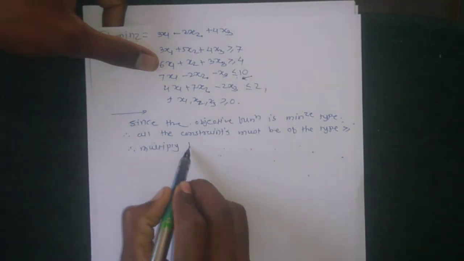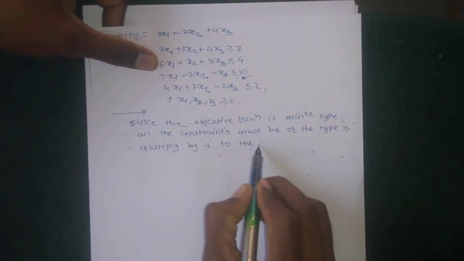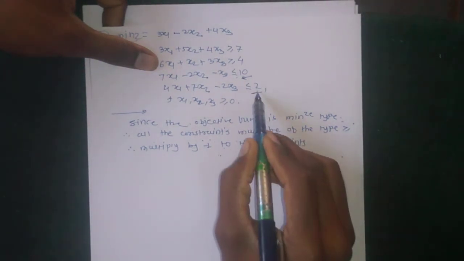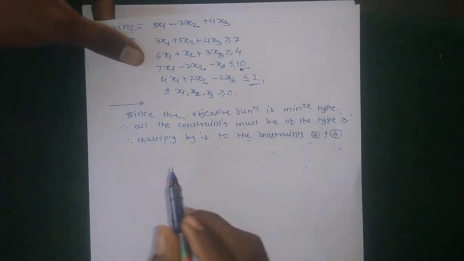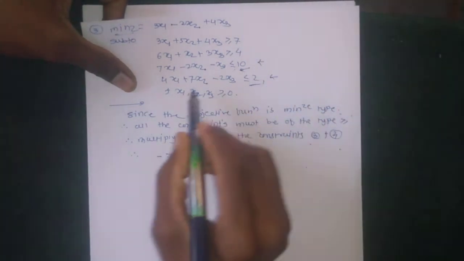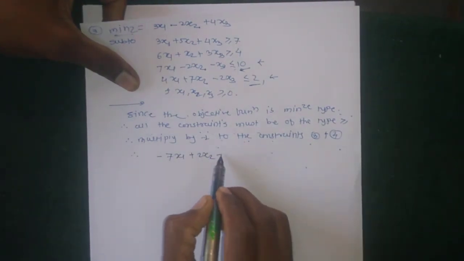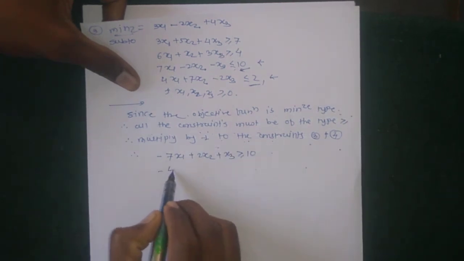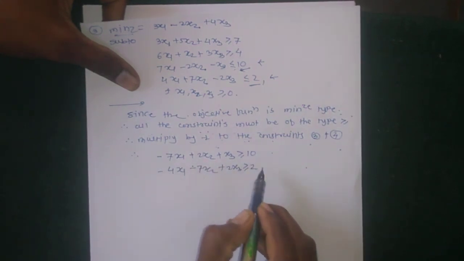this constraint by minus 1. This constraint is less equal type, and so is the fourth. Therefore multiplying this by minus 1 and this by minus 1, we get minus 7x1 plus 2x2 plus x3 greater equal 10, and the last is minus 4x1 minus 7x2 plus 2x3 greater equal 2.